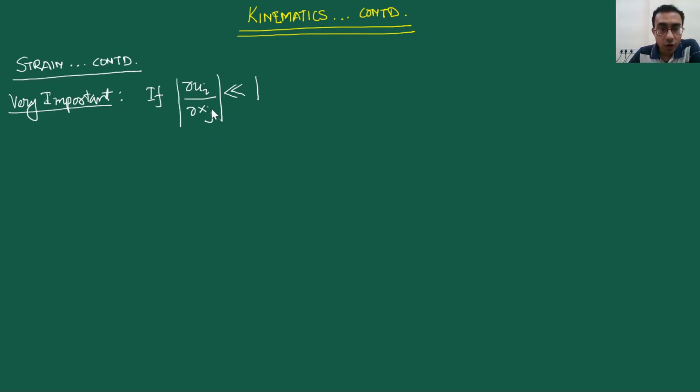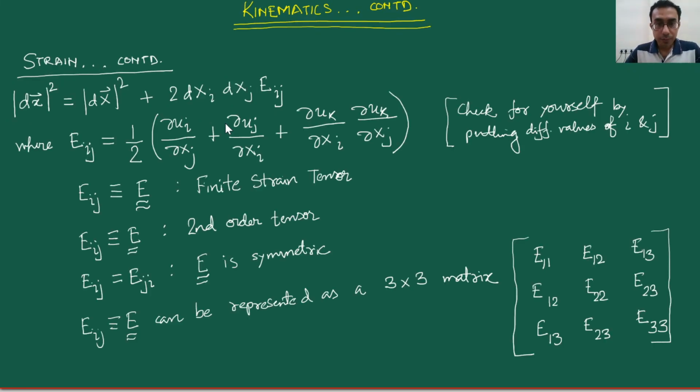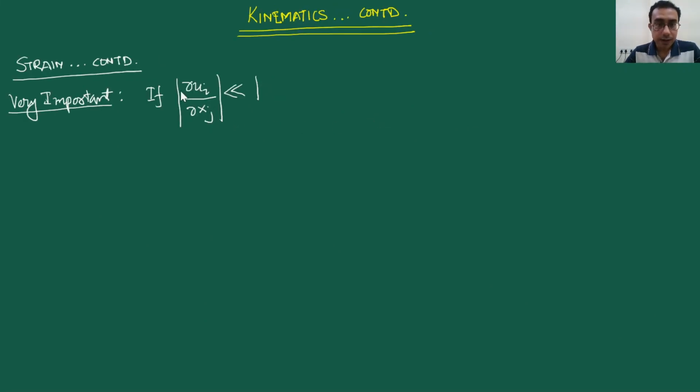So it is perfectly alright to say that the magnitude of this term is much less than 1. We don't need to put any unit here. But what is the implication of this? If the magnitude of this term is much less than 1, then if we go back to the previous page, this magnitude is much less than 1, let's say something like 0.1 or perhaps even less than that, and this also has a magnitude much less than 1, because when you are writing this, it is a generic term.